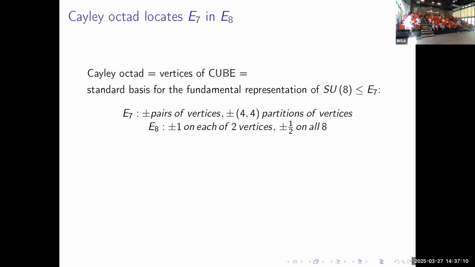If you look inside of E7, it has a maximal rank subgroup SU8, so that if you take the fundamental representation of SU8, then that will set up the coordinates that correspond to the 8 vertices of the cube that correspond to the 8 points of the Cayley octad.